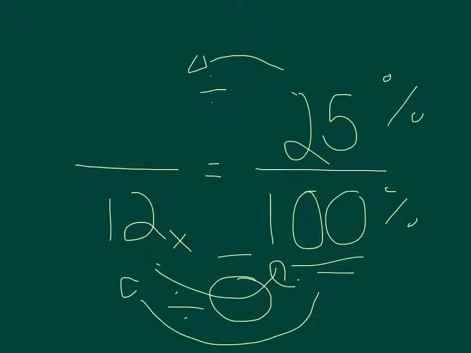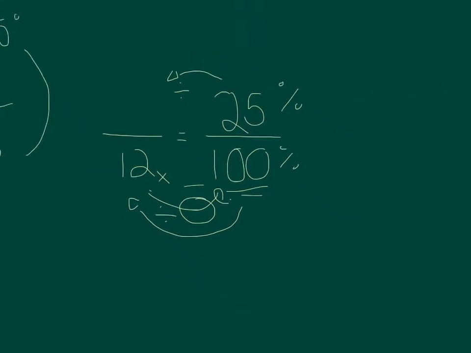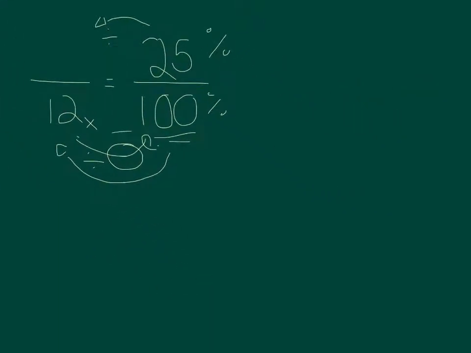Another way is to know that 25 is 1/4. There are 4 25s in 100: 25, 50, 75, 100. So we understand that it's 1/4.